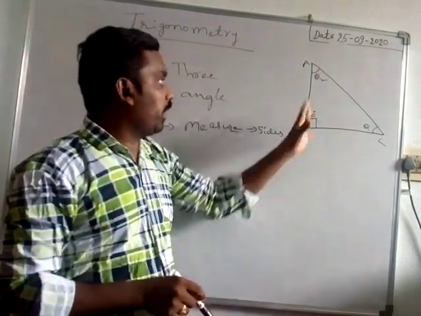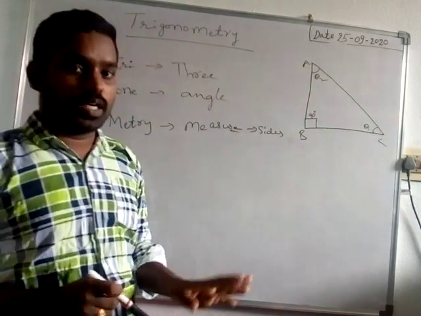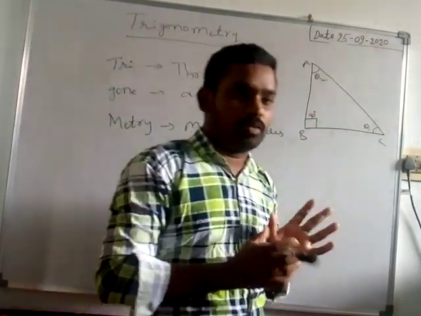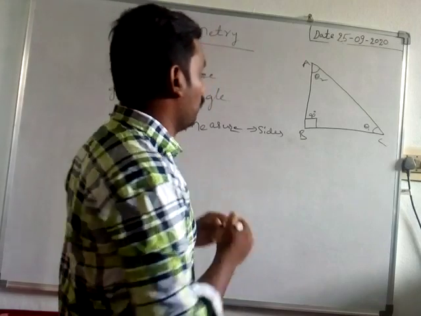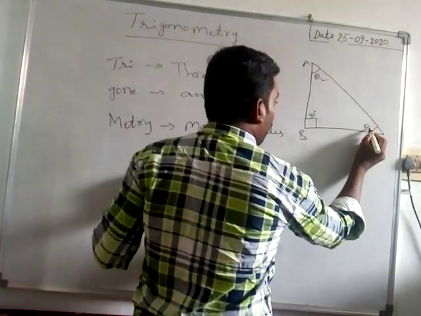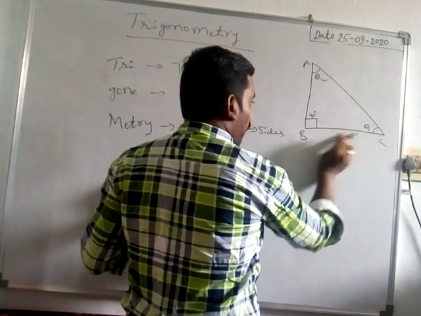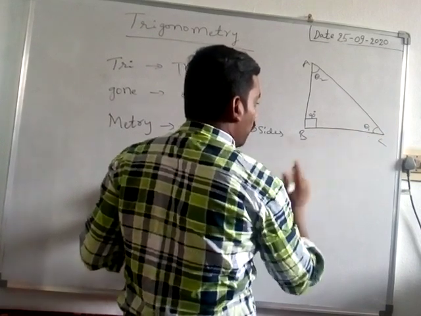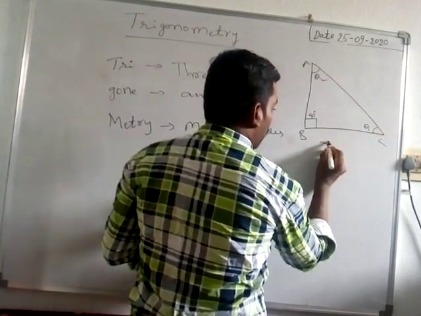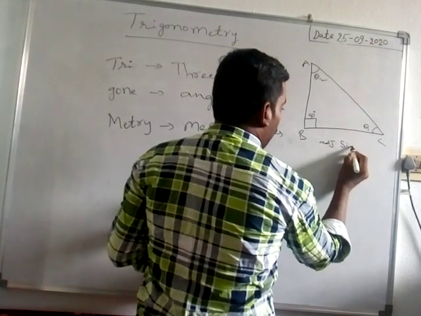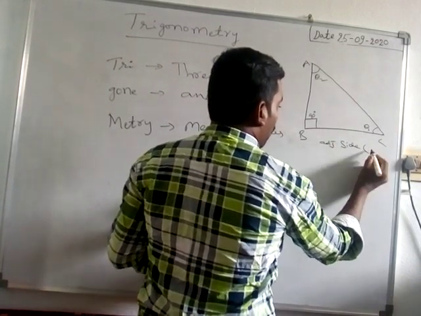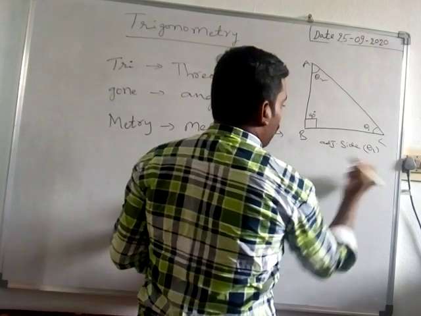Here in a right angle triangle we have three sides. We give specific names to these sides. According to theta 1, this is the adjacent side. The side adjacent to the theta 1 angle is called the adjacent side. This BC is the adjacent side according to theta 1.